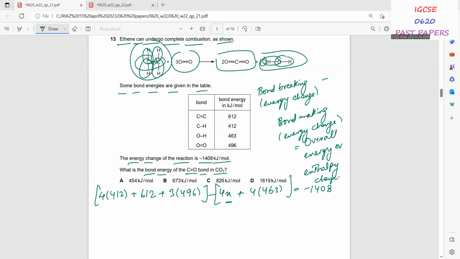So 4 multiplied by 412, we'll get 1648, plus 612, plus 3 multiplied by 496, 1488, minus 4x, minus 4 multiplied by 463, 1852, is equal to minus 1408.